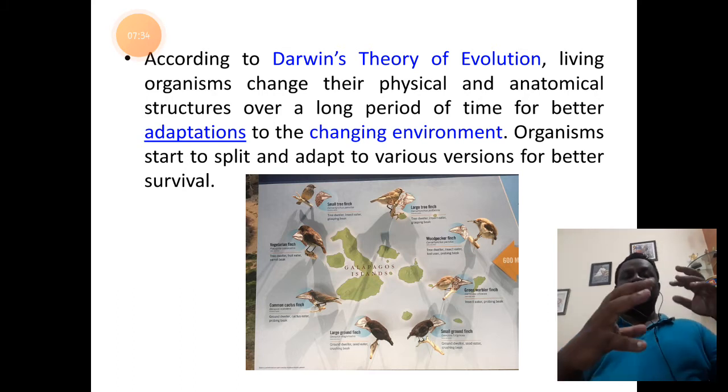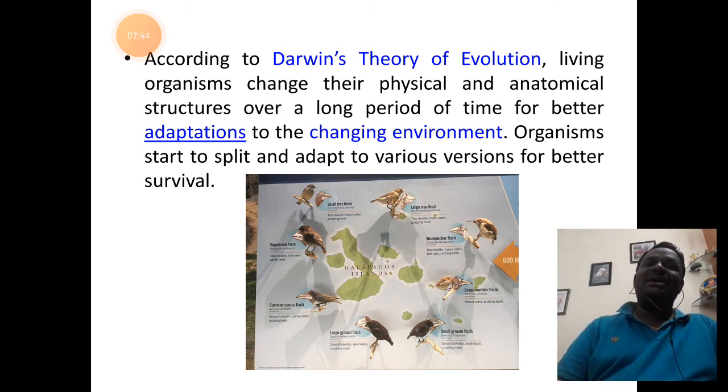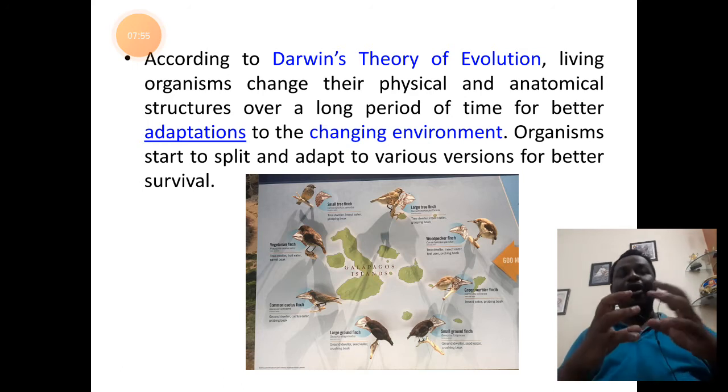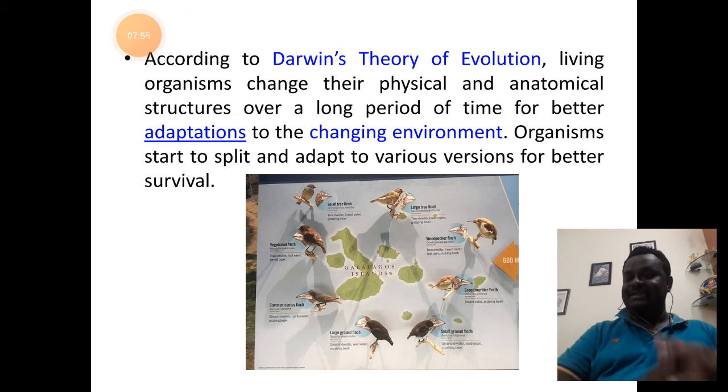So, when an organism encounters a newer environment, there is change in their physical appearance and anatomical structures, which we call adaptation. And if these characters are selected by nature in the due course of evolution, then from a common ancestor there is splitting into different species.